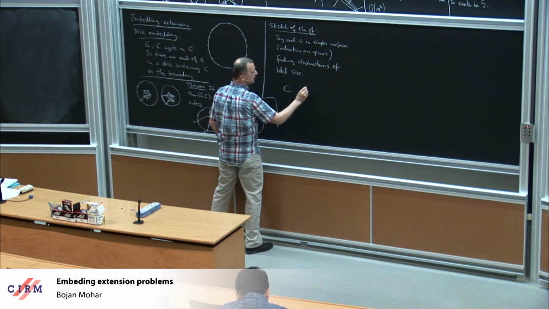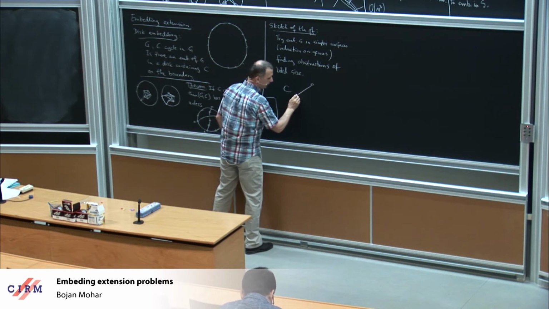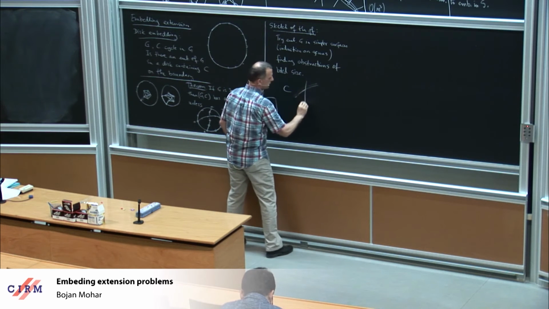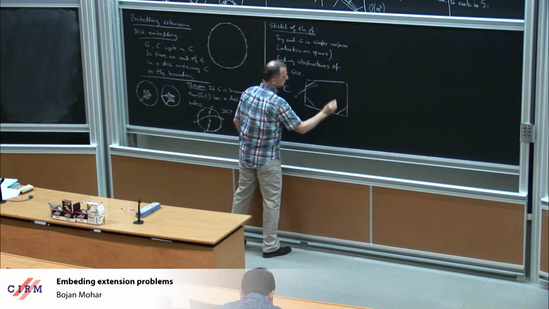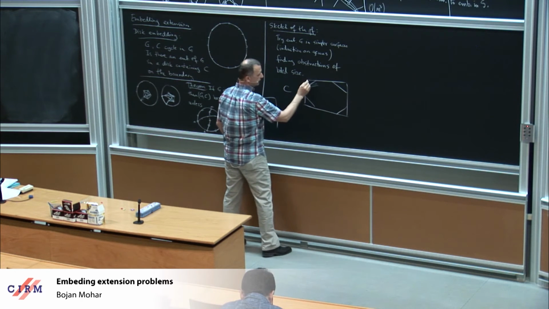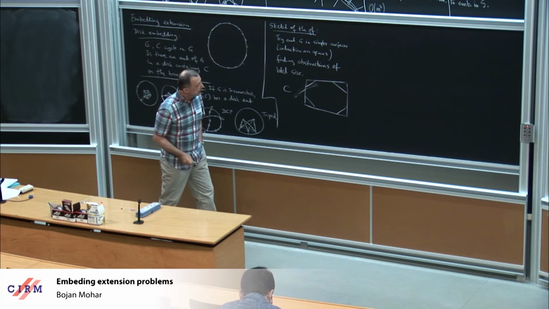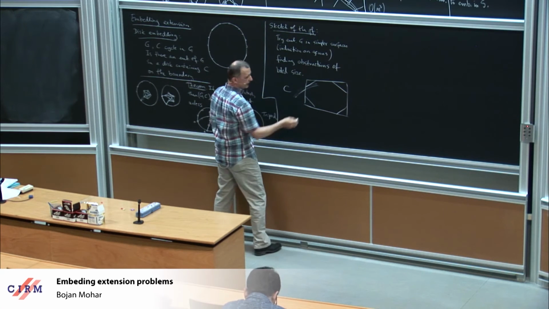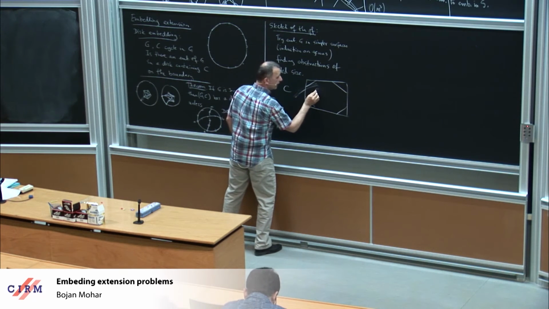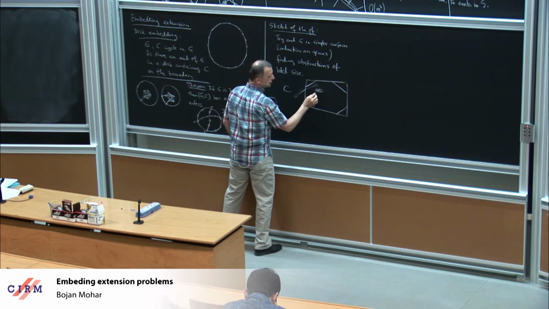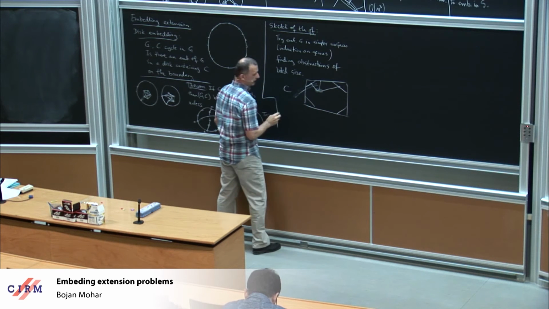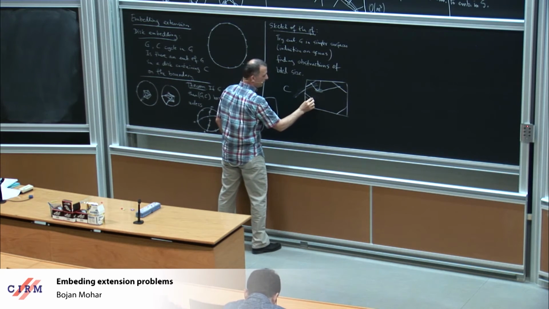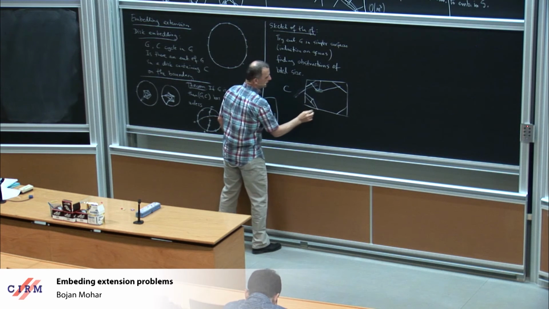So C is maybe now a bigger graph, maybe in the torus. Okay, I've embedded K5 in the torus. So this is K5, what is drawn here. And then I try to extend this embedding. And the rest of the graph I can partition into connected components which are attached to some of these vertices here. So maybe something like that, maybe something like that, and so on.